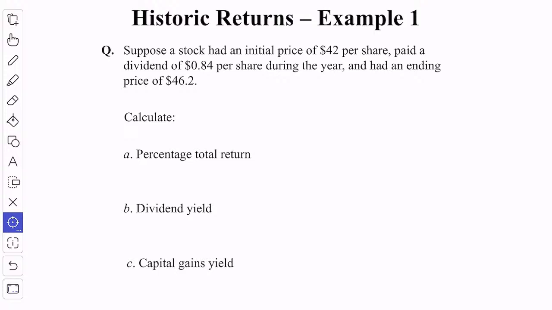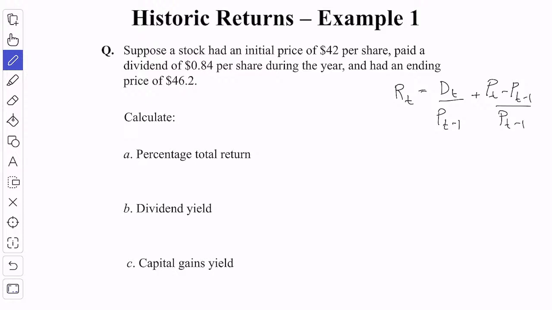All right, so you should be calculating using the formula. The return in any period is equal to the dividend yield, which is the dividend in T over the original price, plus the percentage change in the price or market value.